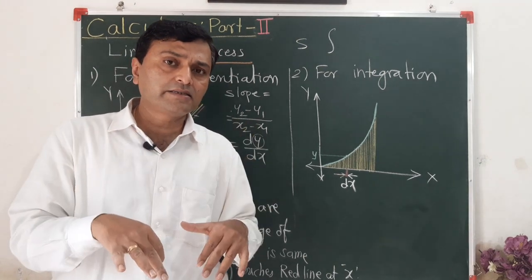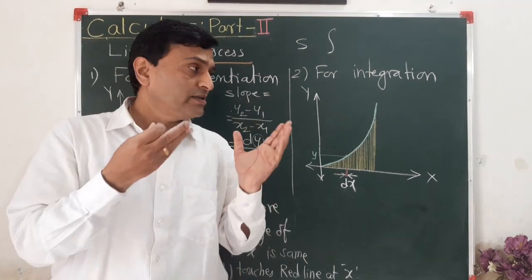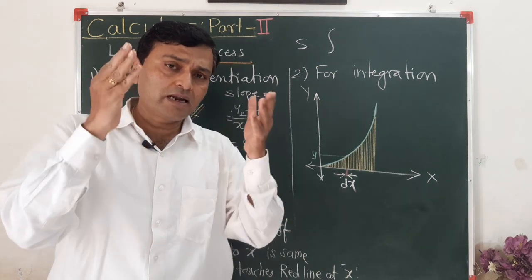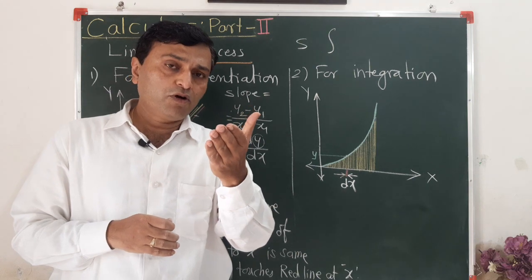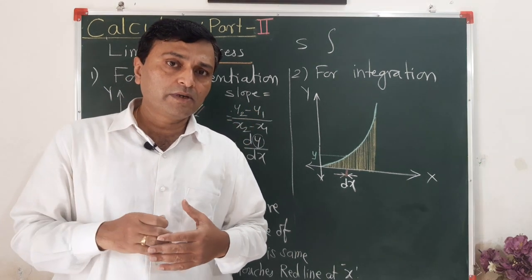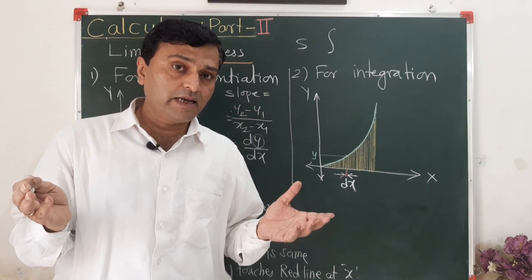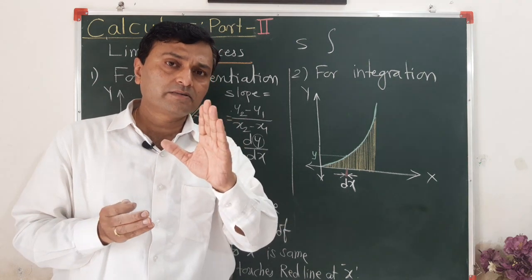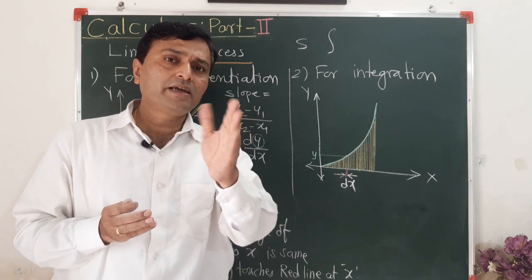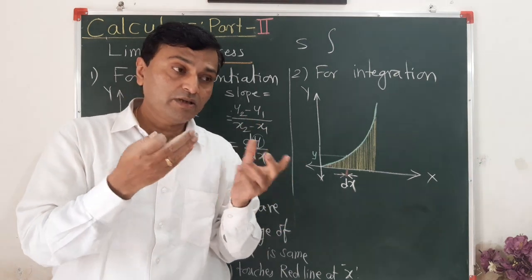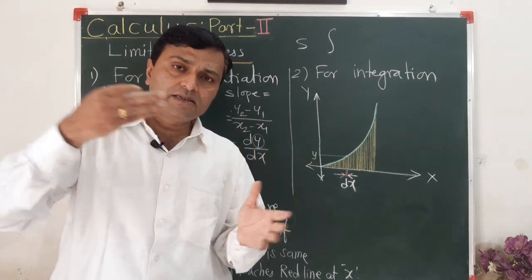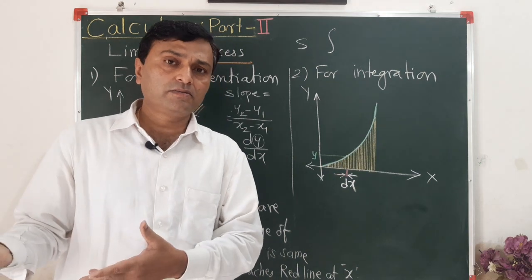In medical science, even for cancer patients, these derivative and integration concepts are applied today. Those students who are leaving mathematics because of NEET, medical science, don't leave mathematics. You may get fewer marks, no problem, but you must know what mathematics actually is, because it is useful for your medical science also.